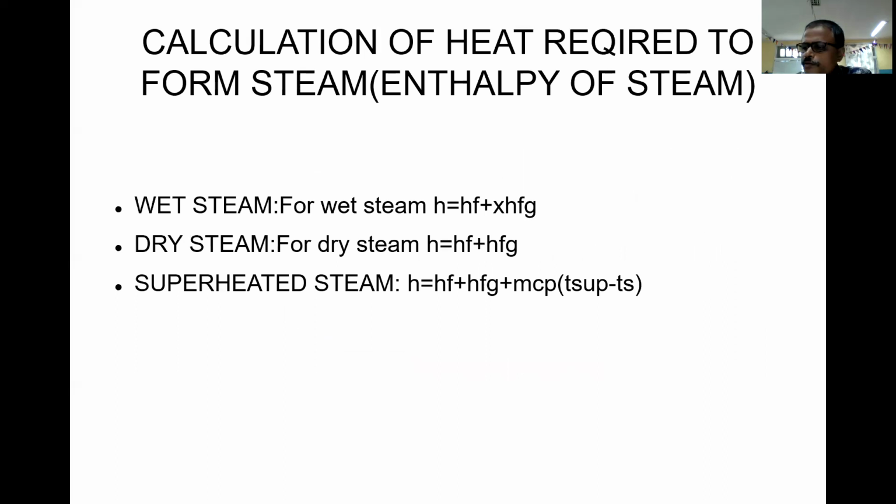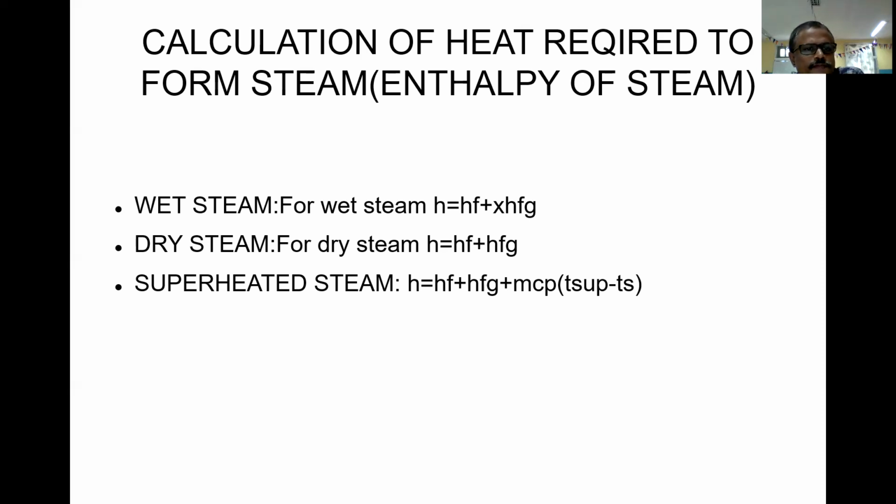Now, we have seen there are 3 different types of zones in our steam formation diagram. There is wet steam, there is dry steam, and then there is superheated steam. So we should be concentrating on calculation of heat required for steam formation.